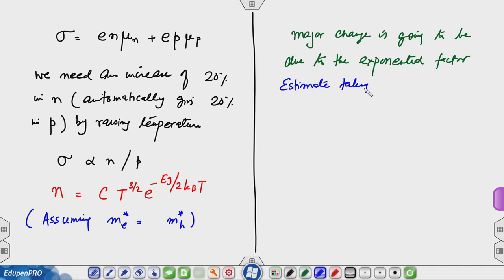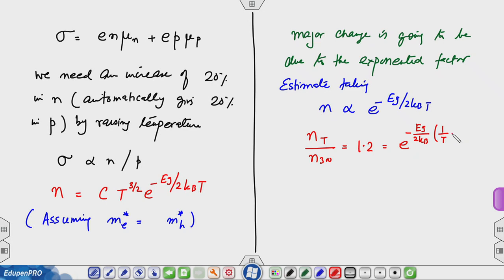So, estimate taking n to be proportional to e raised to minus E g by 2 kBT, and what I want is n at a certain temperature T divided by n at 300 to be equal to an increase of 20%. So, it should be 1.2, and this would be equal to e raised to minus E g by 2 kB times 1 over T minus 1 over 300, and that will give you the answer.